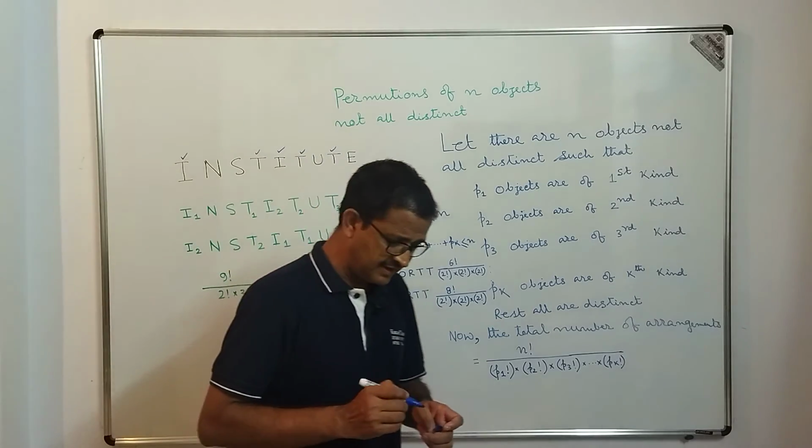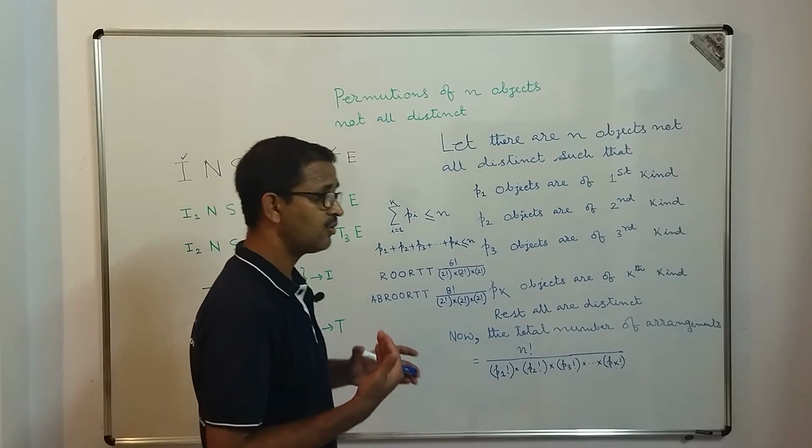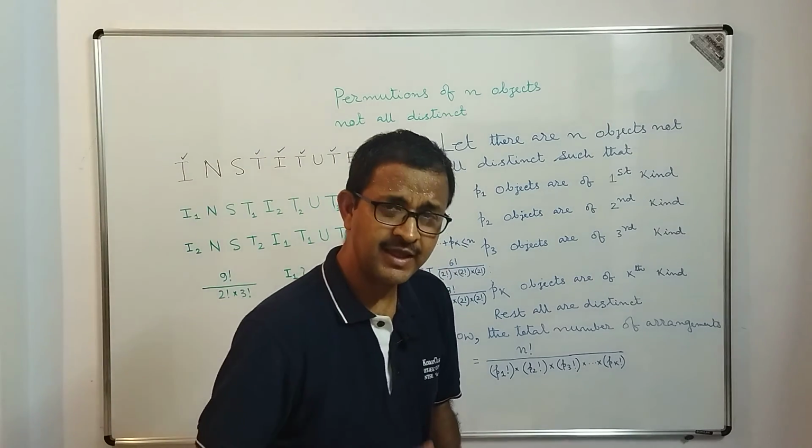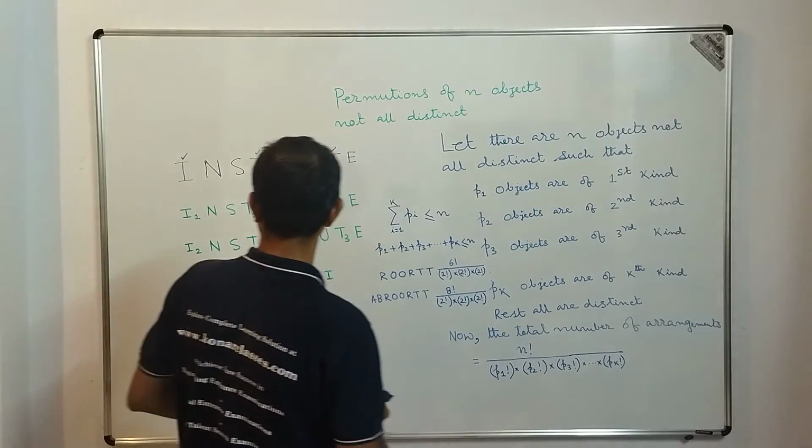So I hope you got a clear idea of how we can find the permutation when the objects are not all distinct. Let us see an example. If we consider this example, it will be more clear.